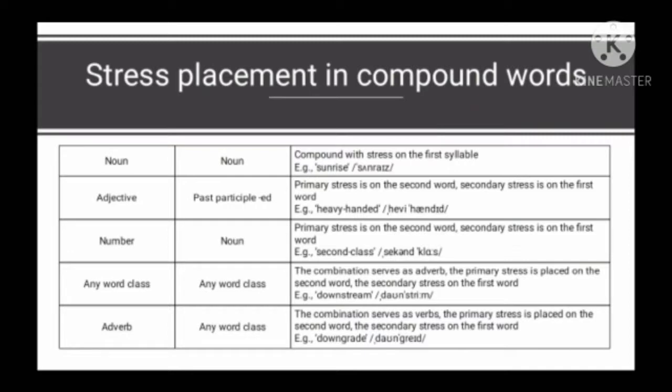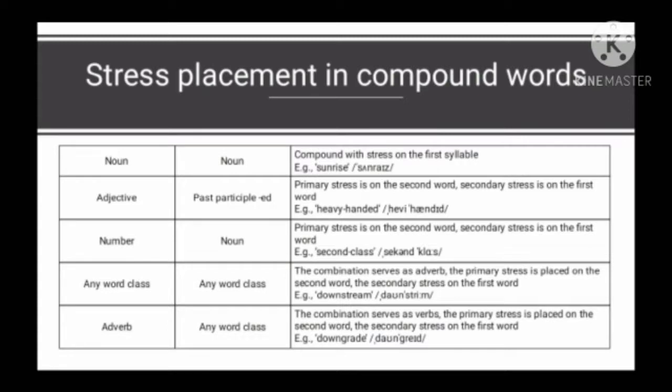Secondary stress is on the first word. The example is heavy-handed. If the compound word is comprised of number and noun, then primary stress is on the second word. Secondary stress is on the first word. Examples such as second class.